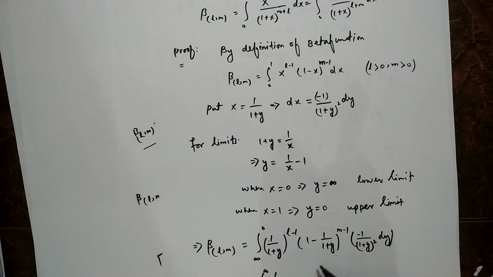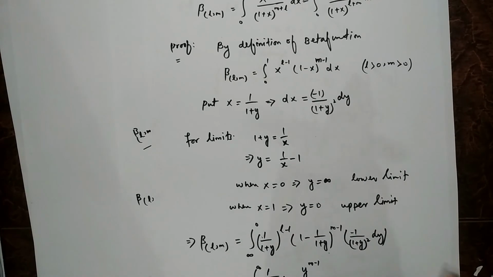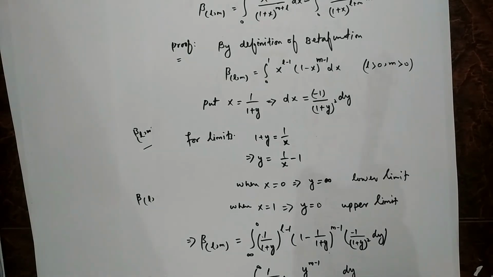And similarly for this case, taking the LCM of these two, we will get y to the power m minus 1 upon 1 plus y whole to the power m minus 1, and this will be dy upon 1 plus y whole square.